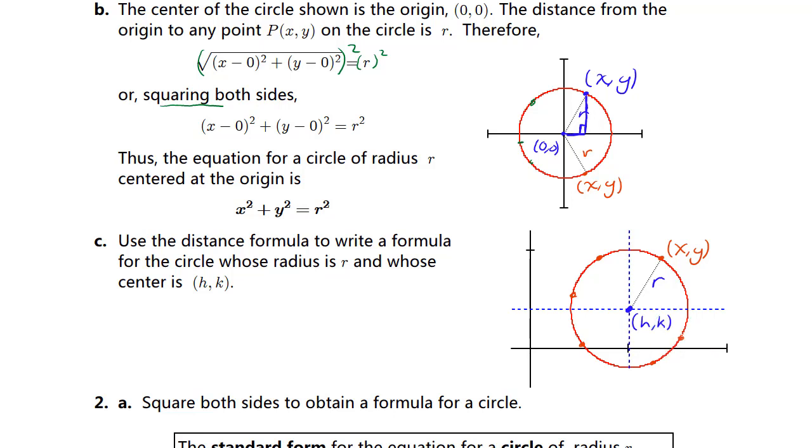If I just want to say the distance from x, y to h, k is r, I'm going to write that using the distance formula. That's going to be the square root of x2 minus x1 squared, where in our case the x is x2 and the h is x1, plus y2 minus y1 squared, which would be y minus k.